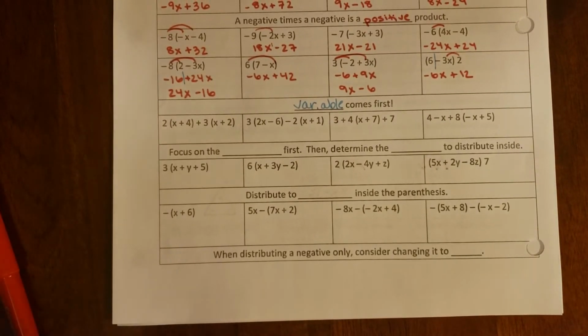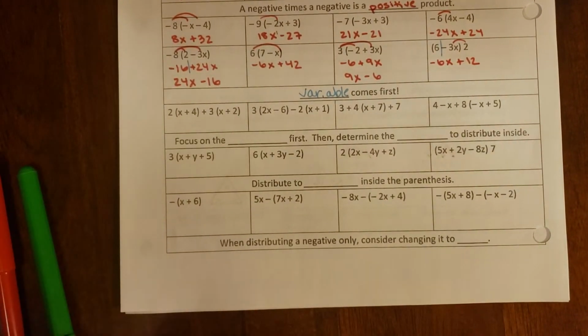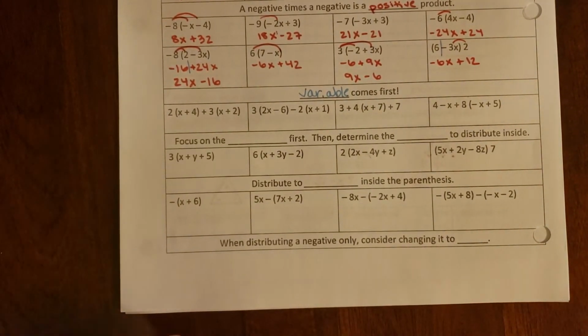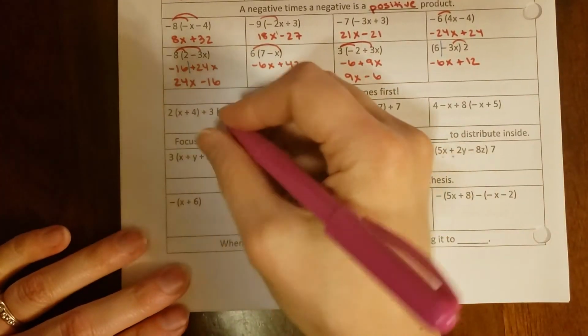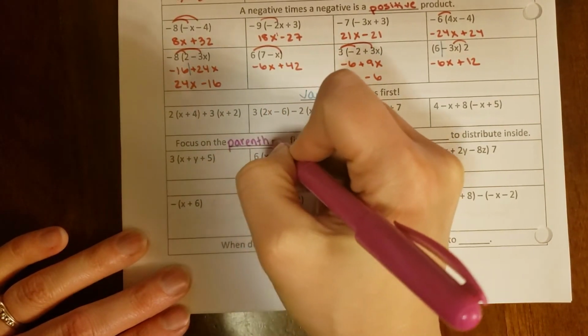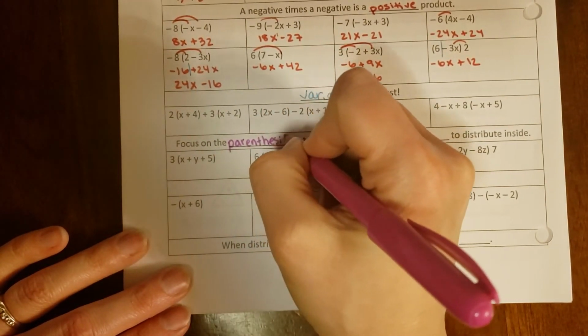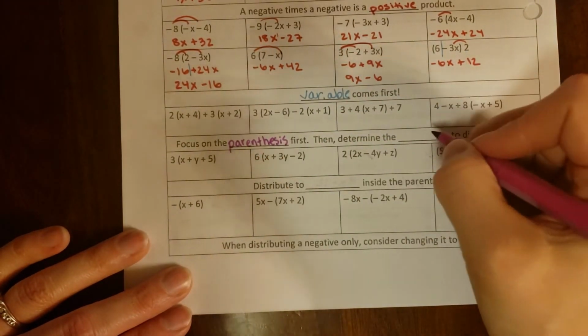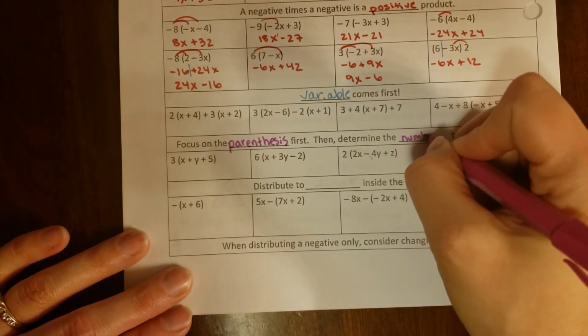What I recommend that you do is to focus on parentheses first, and then determine the number to distribute inside.